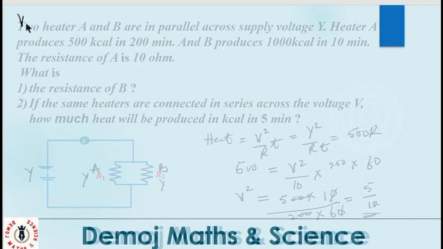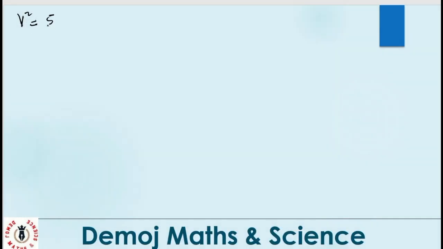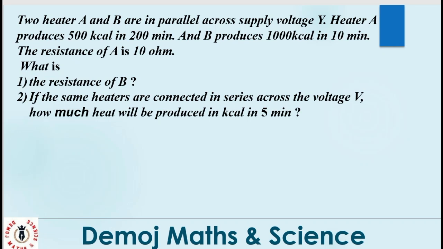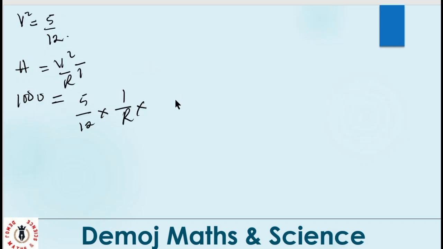Now let's create another slide. Since my V squared is equal to 5 over 12, to calculate the heat for B it is still V squared over R times T. The heat for B, we were told, is 1000 kilocal, which will be the same thing as V squared, that's 5 over 12, times 1 over R, which is what we're looking for, times T, 10 minutes, that's 10 times 60.